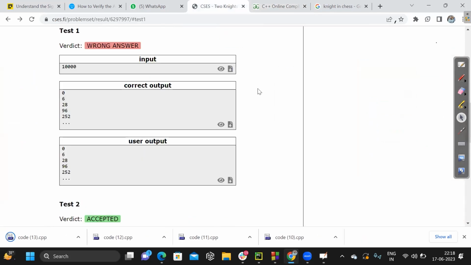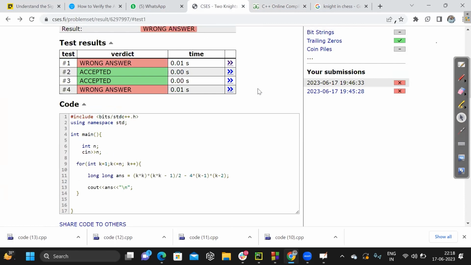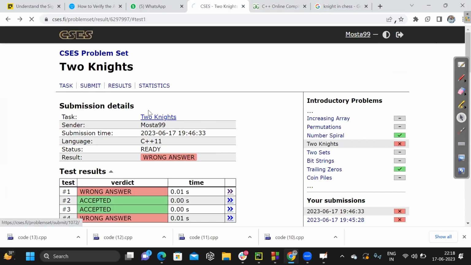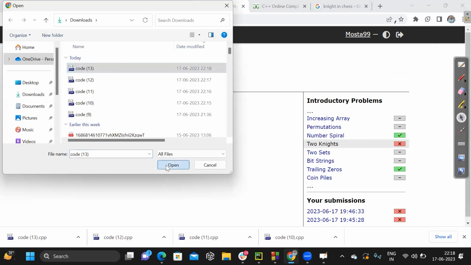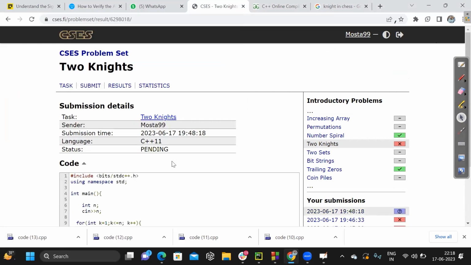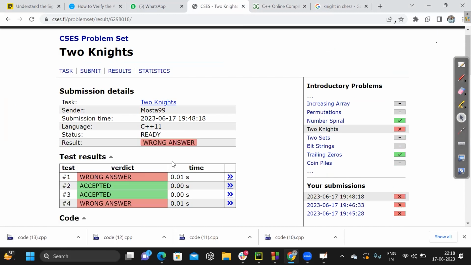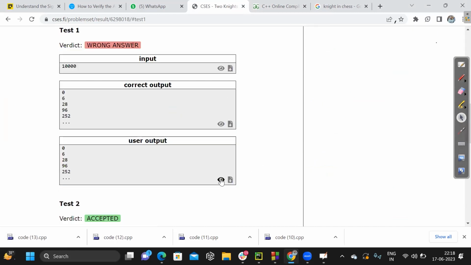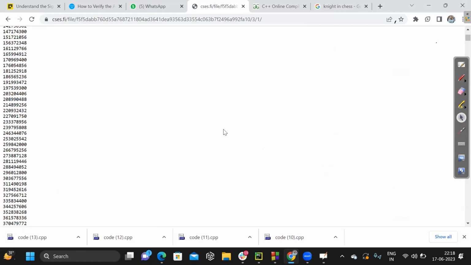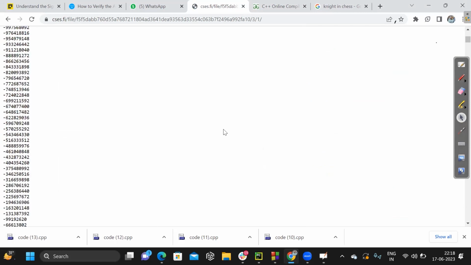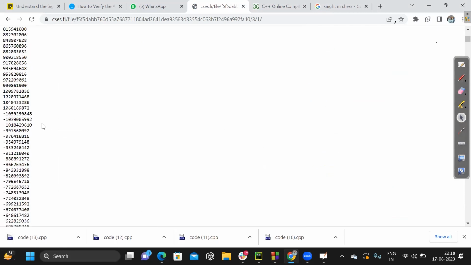And the CSES two knights problem. Submit. Okay, again, still the same thing. But why? Are we still getting negative values? Yeah, we are still getting negative values.